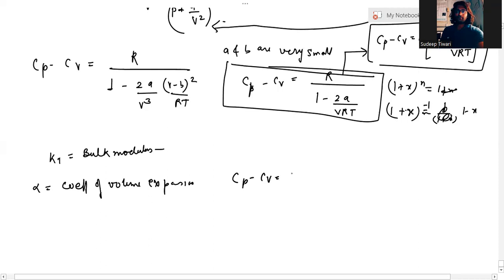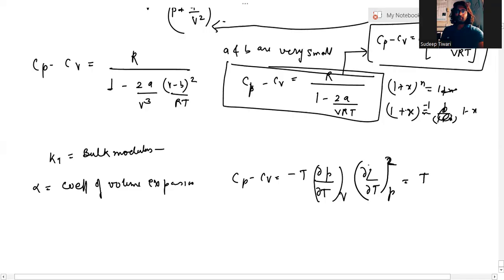Cp minus Cv as simply minus T (del P by del T at a constant volume) and (del V by del T) whole square at a constant pressure.